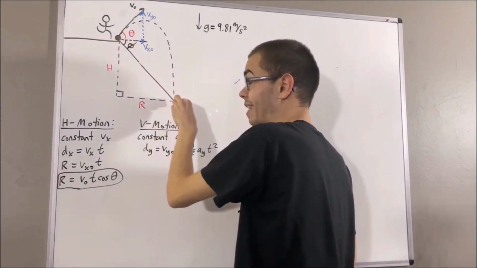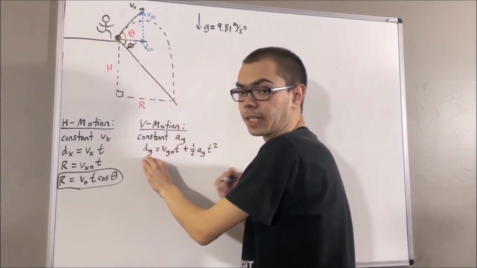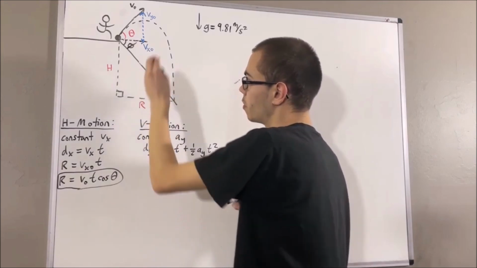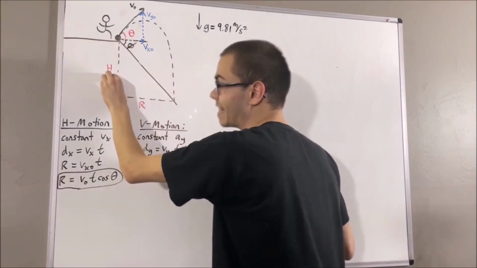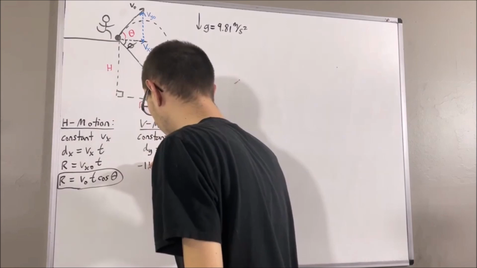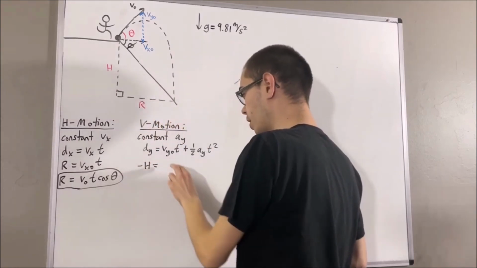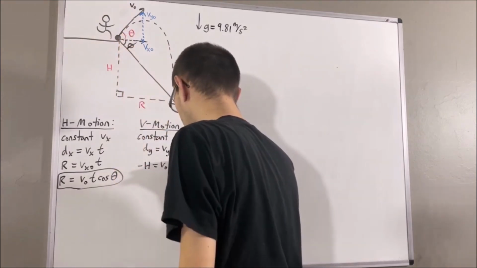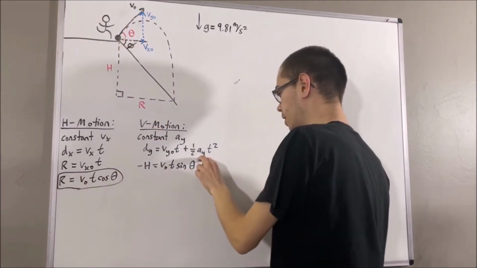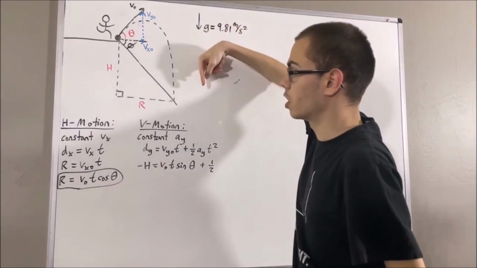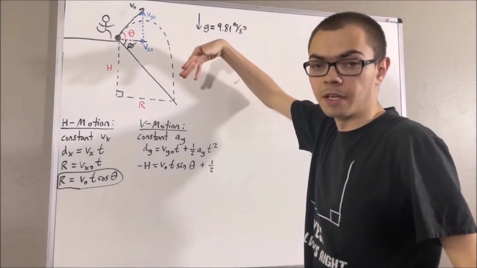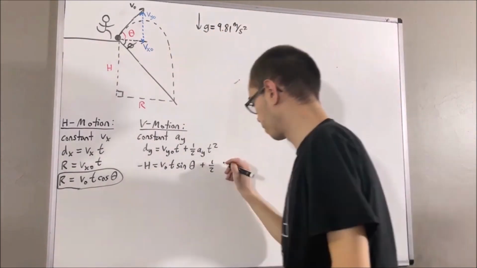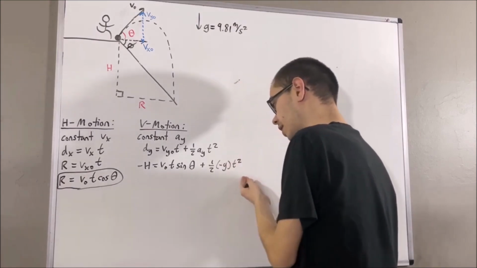Notice the ball moves downward, so the vertical displacement is negative. What that means is the vertical displacement of the ball must be negative h. And if we use trigonometry, we have Vy0 equal to V0 sine theta. And the vertical acceleration is pointing downward, so the vertical acceleration is negative, and it must be equal to negative g. So this is what we get.